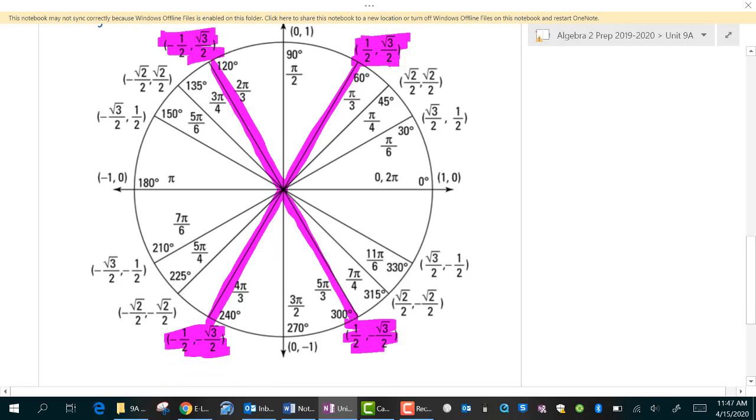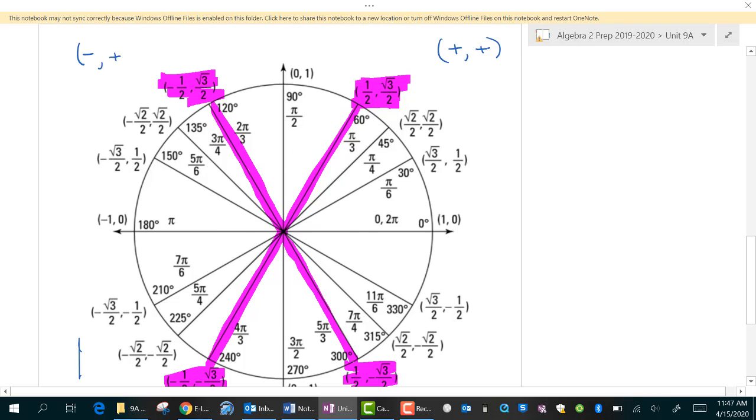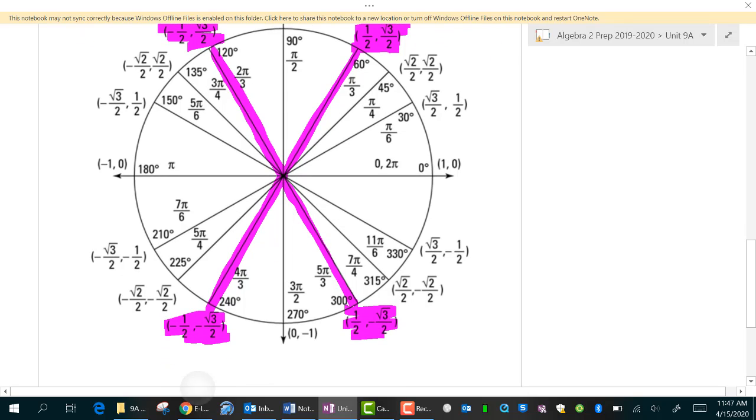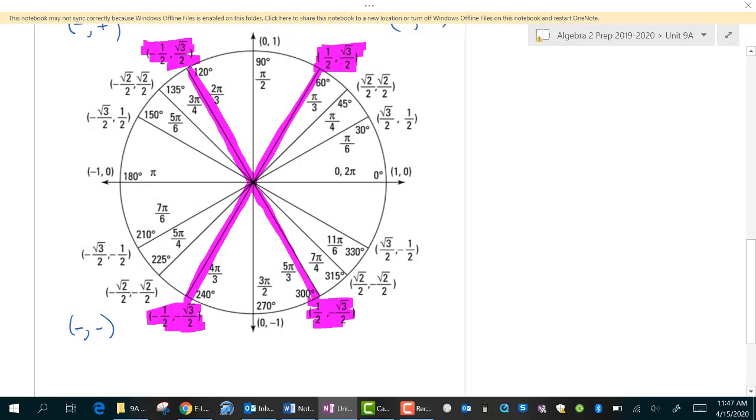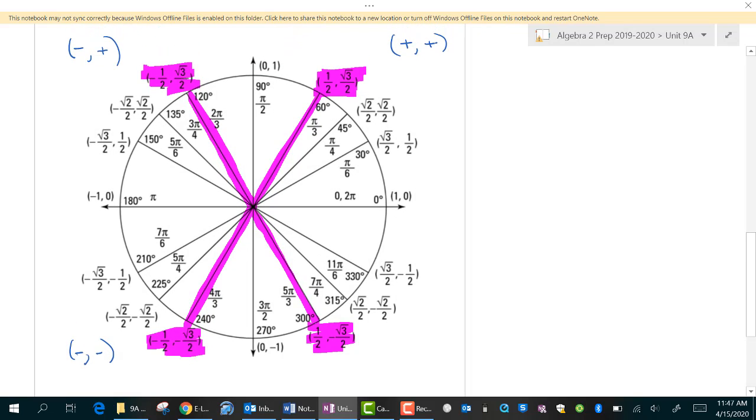In quadrant 3, the bottom left, we go left and down. So my x coordinate is always negative, and my y coordinate is always negative. And then finally in quadrant 4, I go right and then down, so that means my x coordinate is positive, my y coordinate is negative.